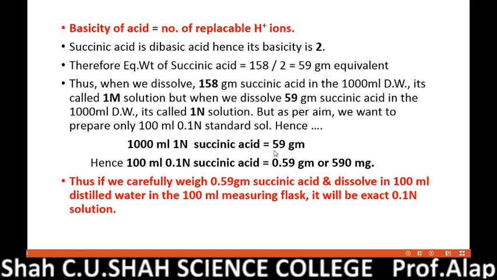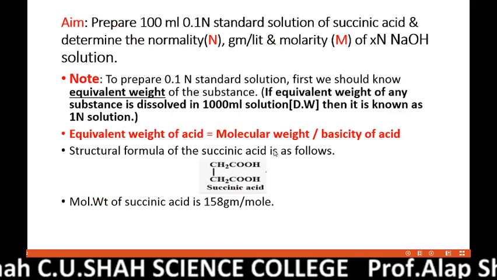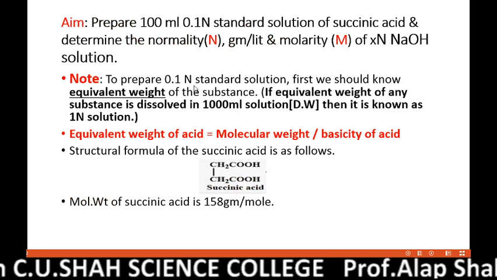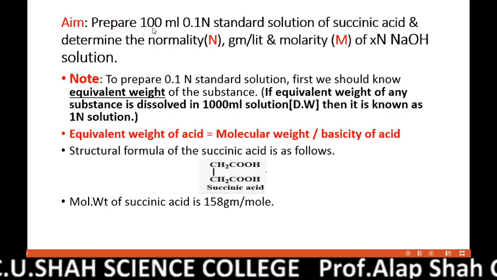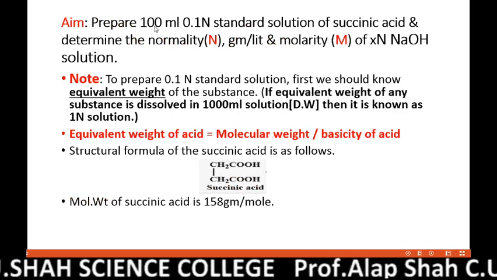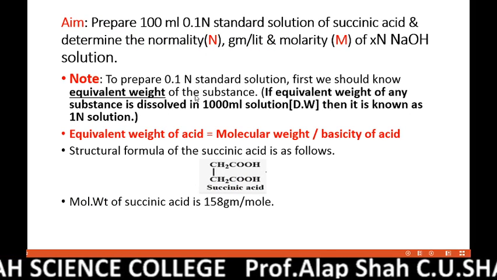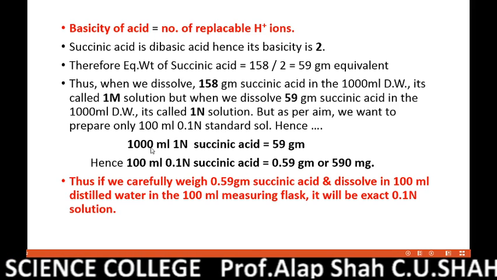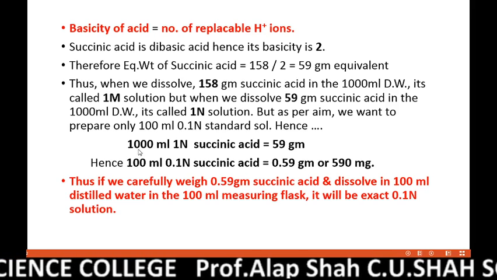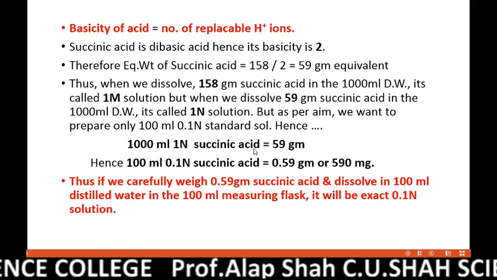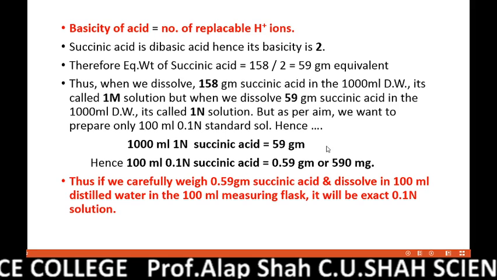This is the mathematical statement of this paragraph. It is a factor. But if you remember the aim, we don't want to prepare a liter, we want to prepare 100 ml, plus we don't want to prepare 1 normal, we want to prepare 0.1 normal. So now easily we can calculate because we have this factor. 1000 ml of 1 normal succinic acid requires 59 gram succinic acid.